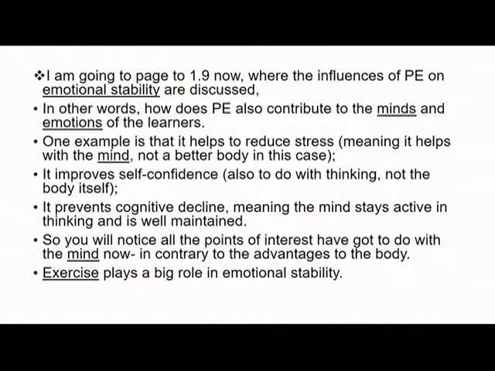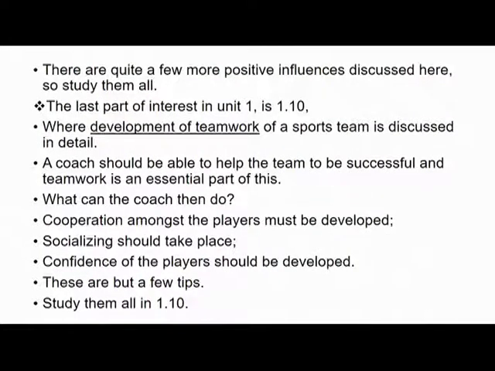It prevents cognitive decline, meaning the mind stays active in thinking and is well maintained. So you will notice all the points of interest have got to do with the mind now, in contrary to the advantages to the body. Exercise plays a big role in emotional stability. There are quite a few more positive influences discussed here, so study them all.